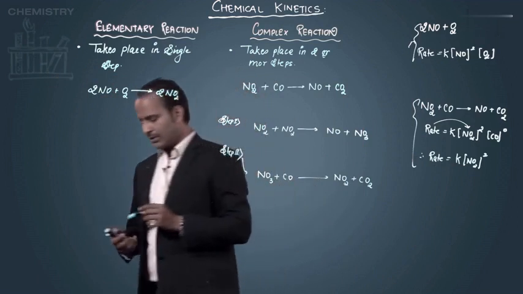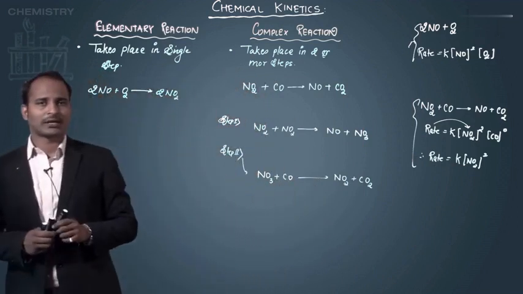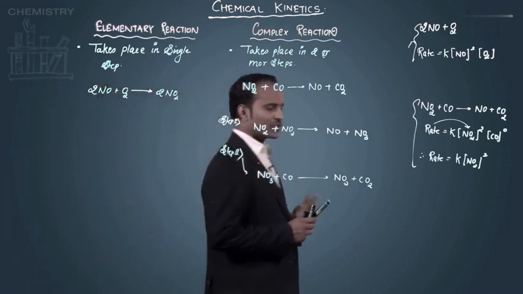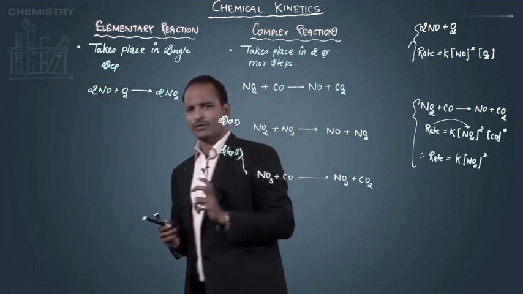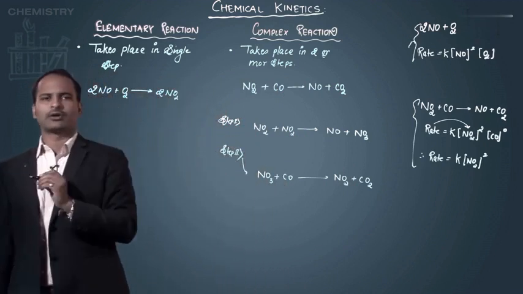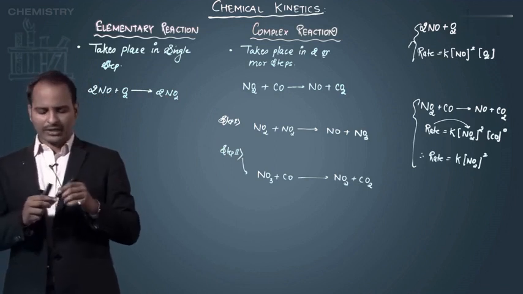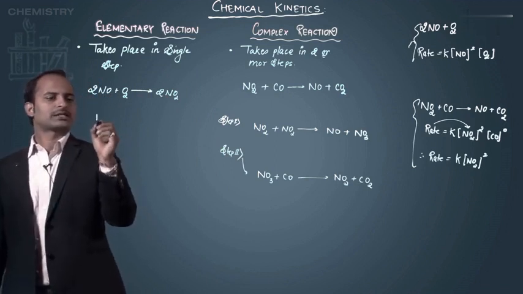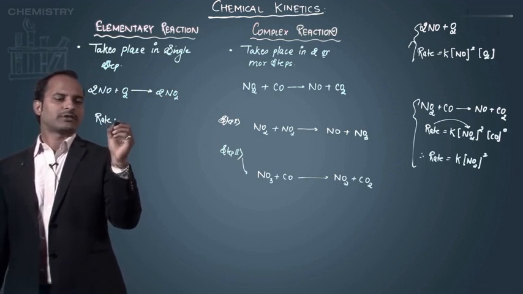Now in case of an elementary reaction, it has been observed that the order, the power of the concentration term, is nothing but the coefficient. Suppose I'm writing its rate law, that is the formula for rate.